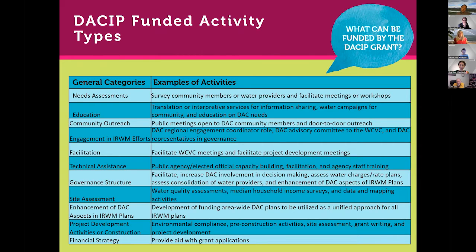Isabel, this is Lynn. While people are thinking if they have any questions, I wanted to add to what Boykin said about this last slide and just clarify that the funding activity types are related to the $9.8 million Disadvantaged Community Involvement Program grant. We're not only going to be talking about that today, we will also be talking about sources of funding to implement projects.